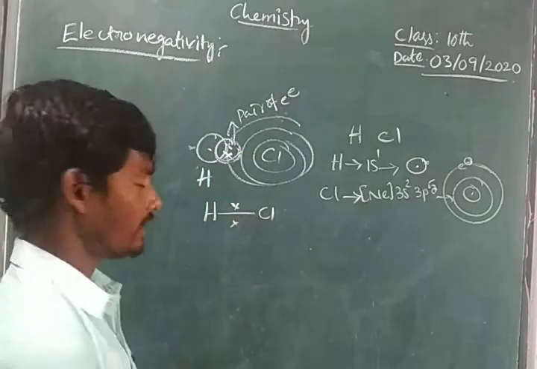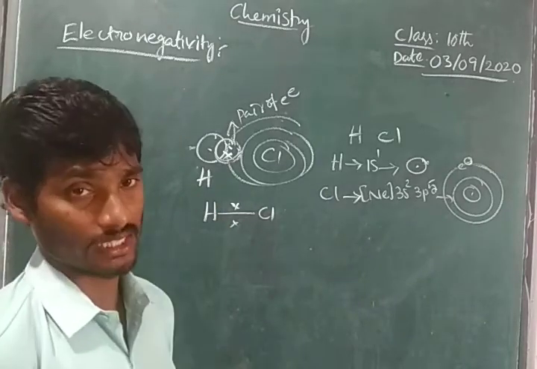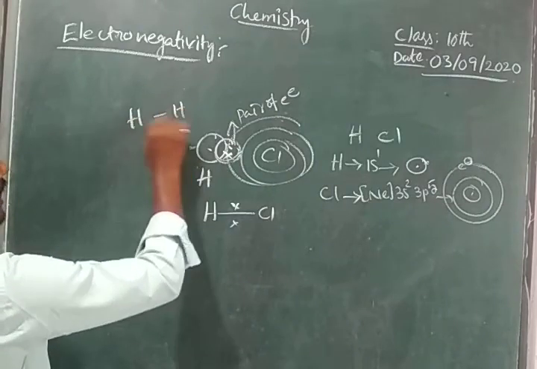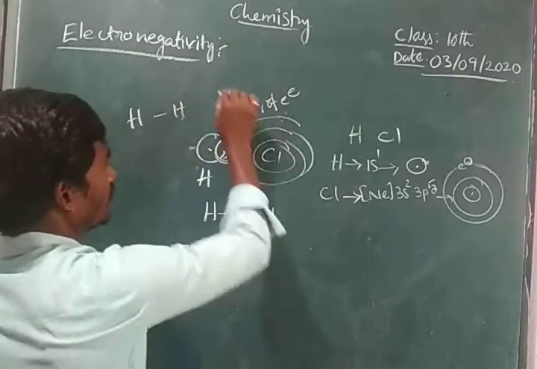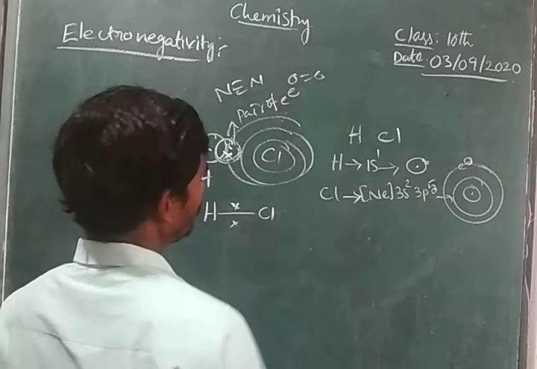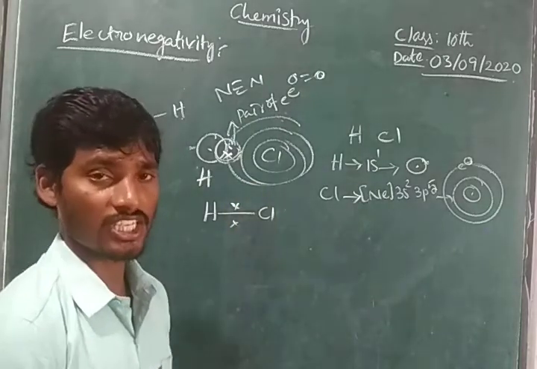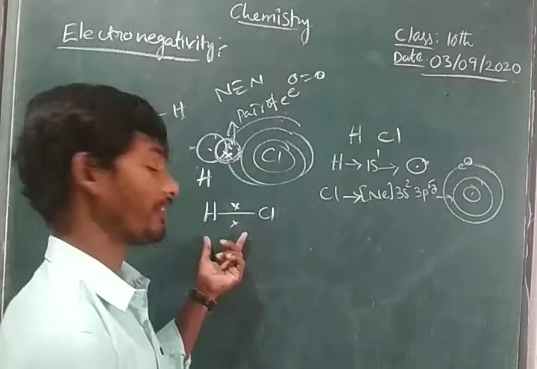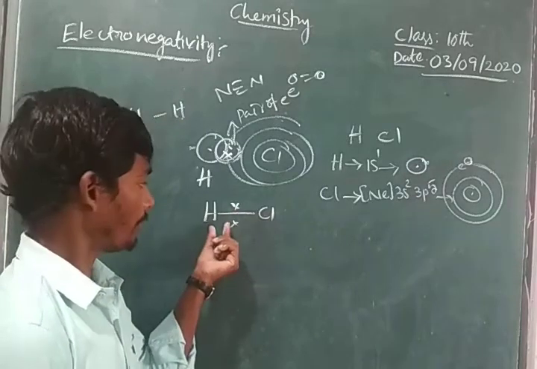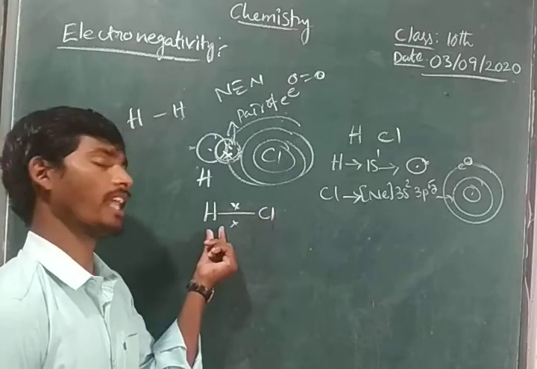Right children? If the atoms have equal strength, as with hydrogen and hydrogen, nitrogen and nitrogen, or oxygen and oxygen, the pair is shared equally. But do hydrogen and chlorine have equal strength children? No. These two atoms have different energies; chlorine has more than hydrogen.